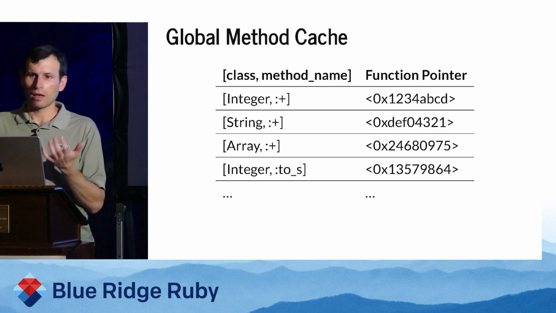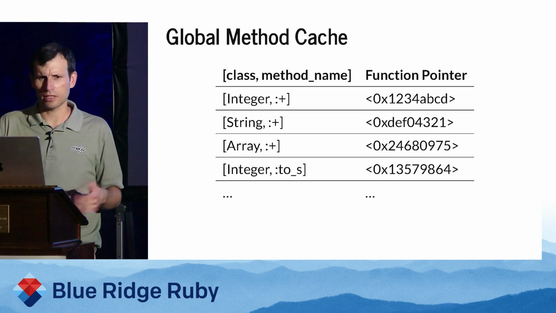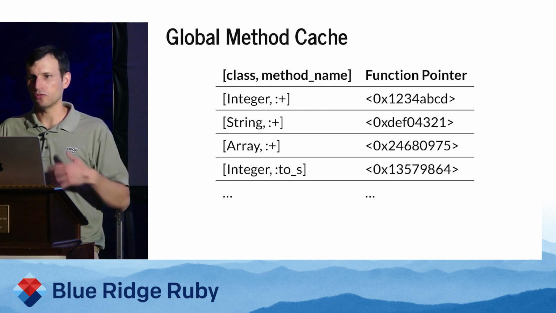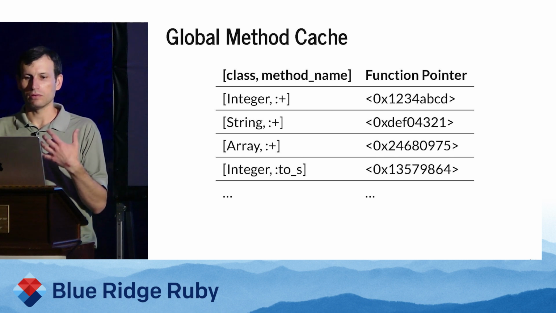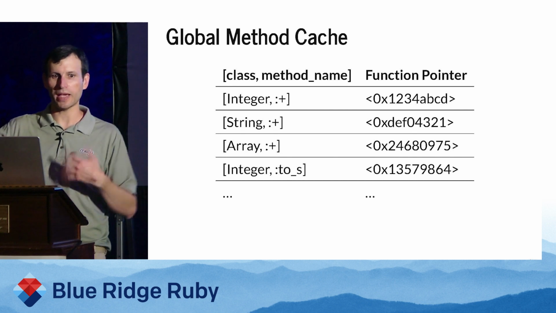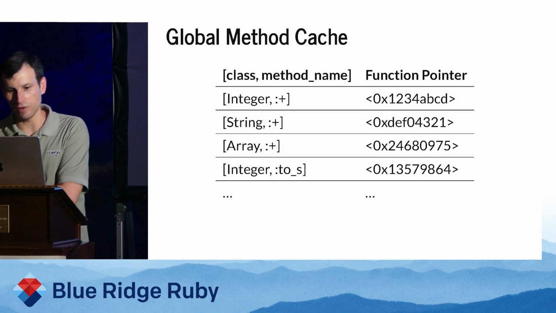For practical considerations, this global method cache is bound. Usually it's like 2,048 entries. You can configure that, but if you go too far, then the lookup isn't as fast and the cache isn't as useful. So we have to evict values as the application's execution evolves.